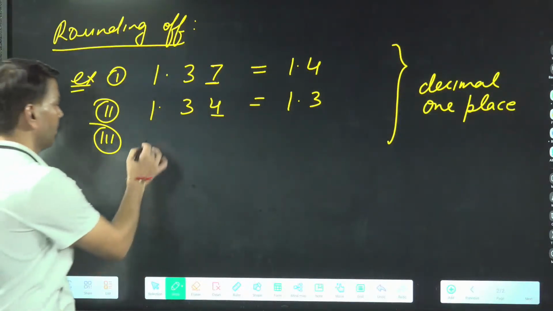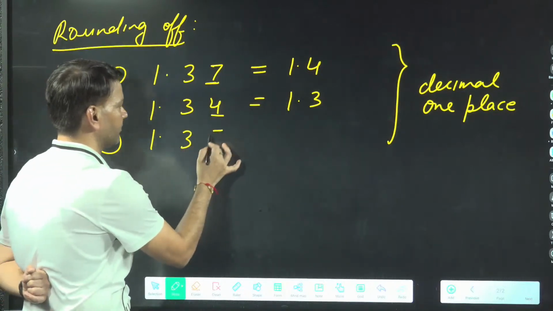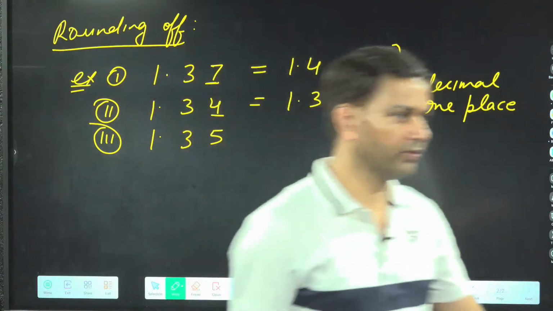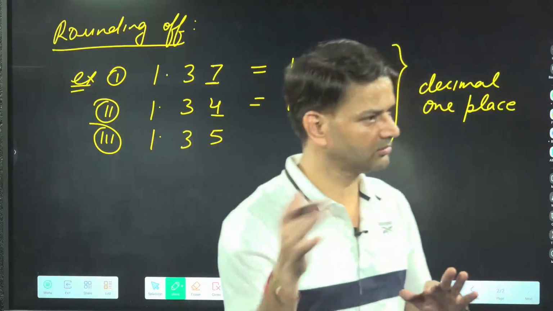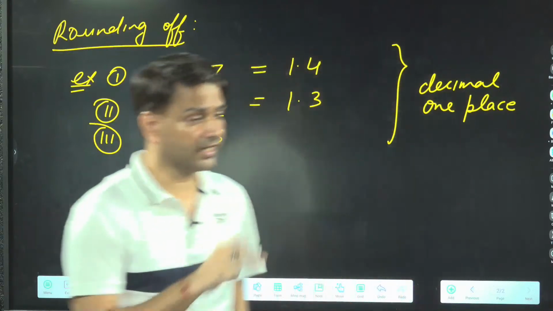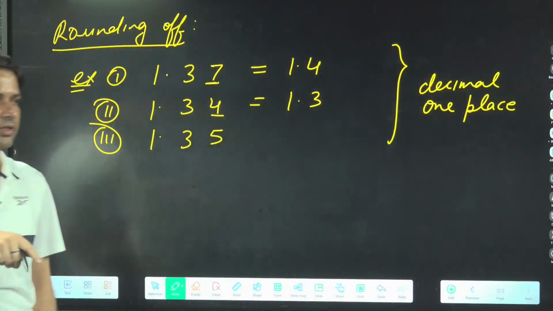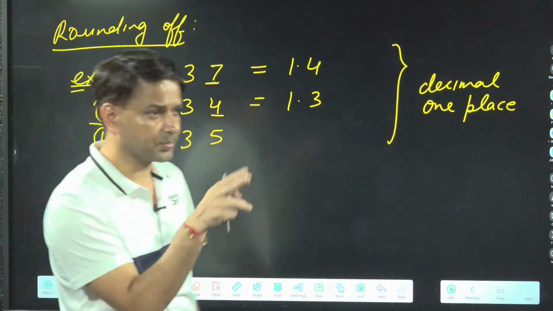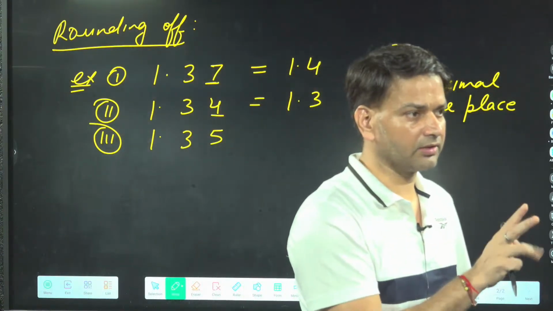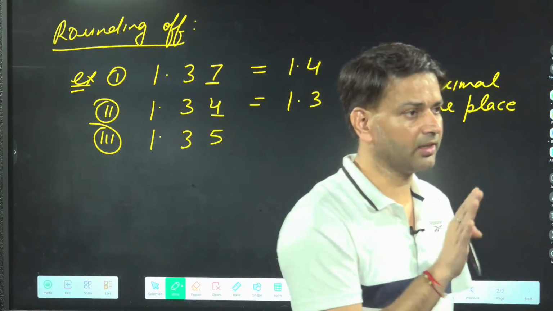Next, 1.35. So the digit that has to be removed: if it is greater than 5, increase by 1; less than 5, remain same. If the digit to be removed is equal to 5, then there is a rule. If the preceding digit is even, then it remains unchanged.